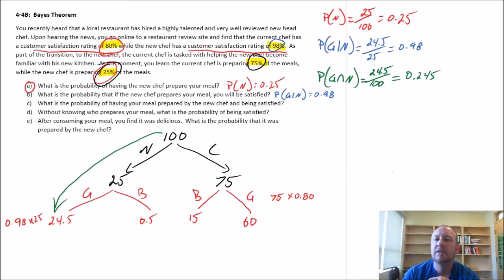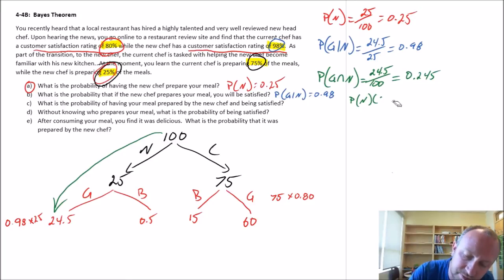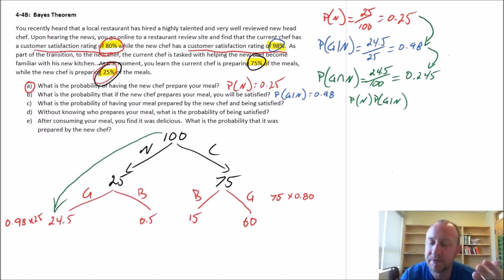0.245. Now, using the formulas from your textbook, this would have been obtained by multiplying the probability that it's produced by the new chef times the probability that it's good and produced by the new chef. So that would have been simply this value times this value, and that would give us here.